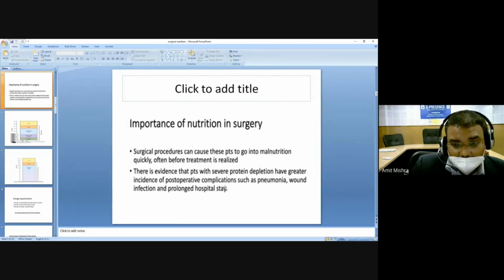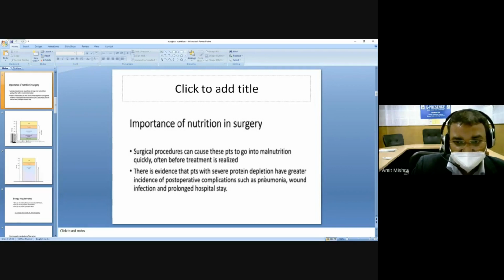Apart from protein depletion, surgical stress like pain, immune dysfunction, ileus for a longer duration, impaired pulmonary function, increased cardiac demand, hypercoagulable state, sleep disturbances and fatigability are all related to post-operative complications like pneumonia, wound infection and prolonged hospitalization.